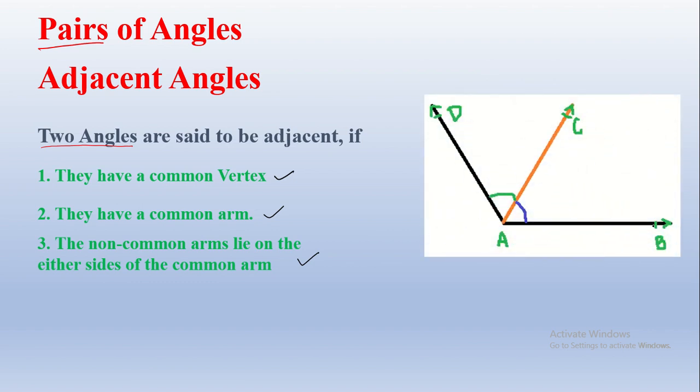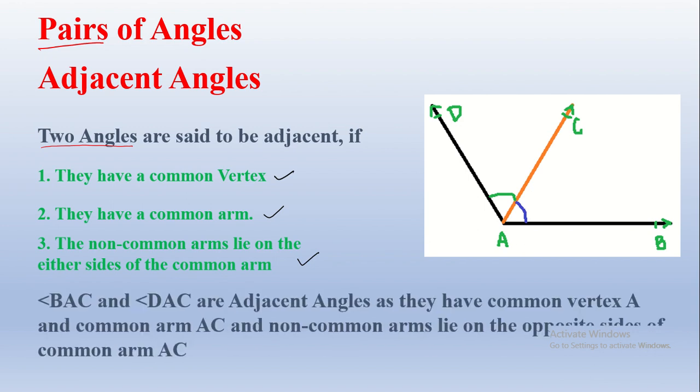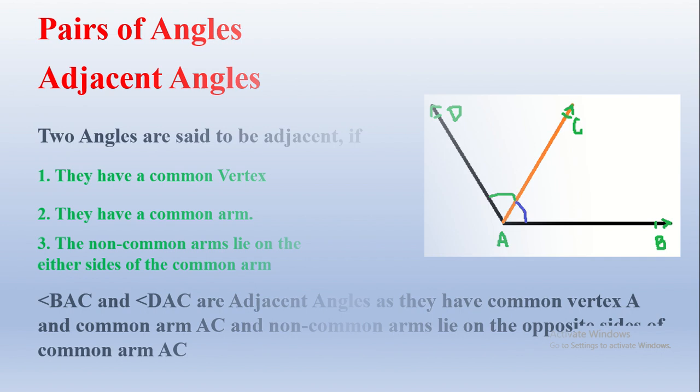Again in this figure, angle BAC and angle CAD are the adjacent angles as they have a common vertex, a common arm, and the non-common arms are lying on the opposite sides of the common arm.